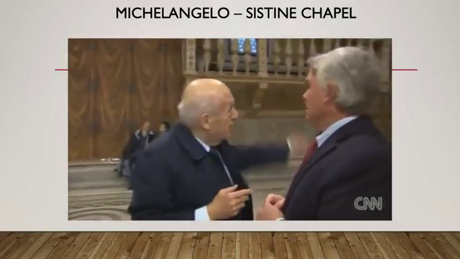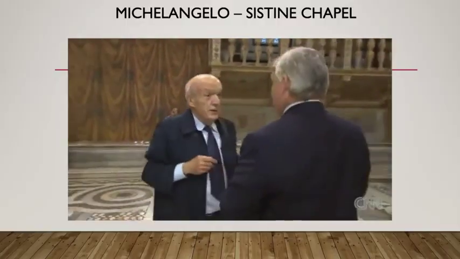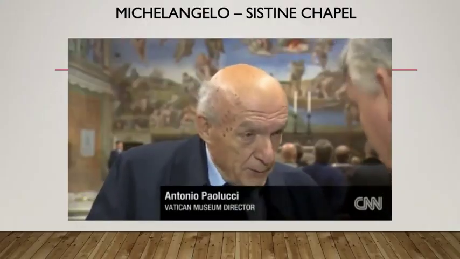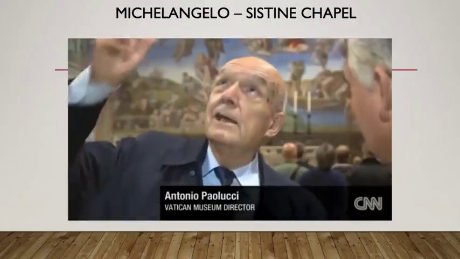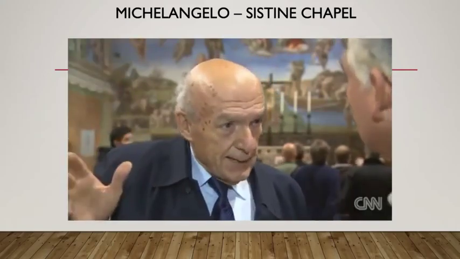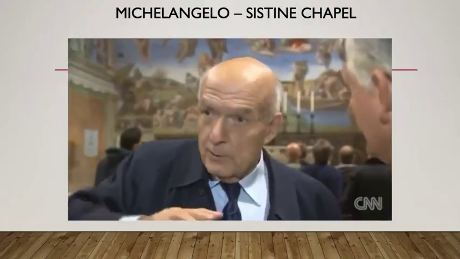Antonio Paolucci is the director of the Vatican Museums. Five centuries ago, Pope Julius II entered inside Cappella Sistina and could see the vault of the Sistina completely painted by Michelangelo. The great work, the terrible work was finished.